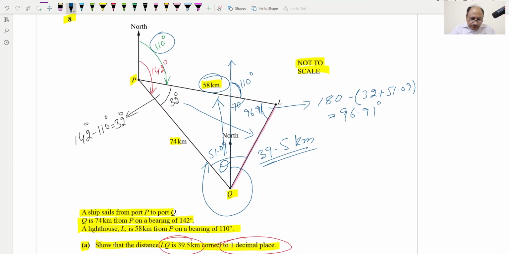Now we can consider this angle. This much angle will be how much?